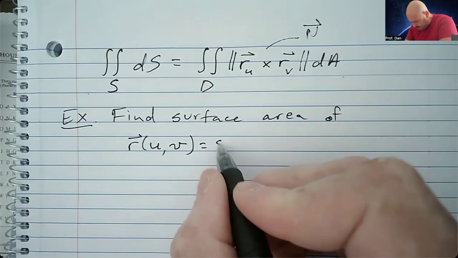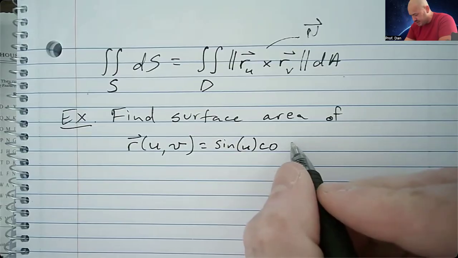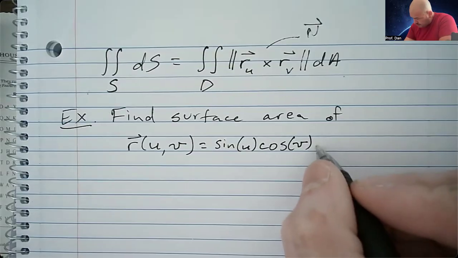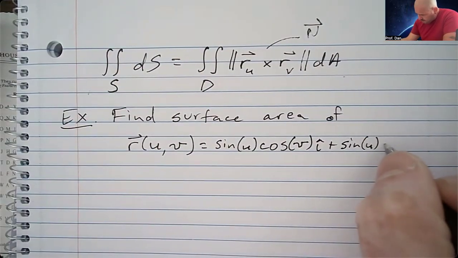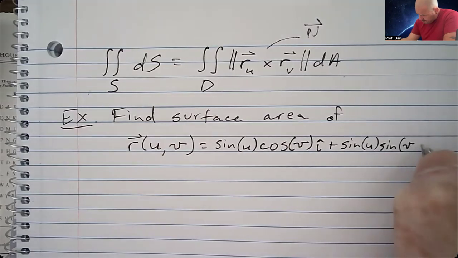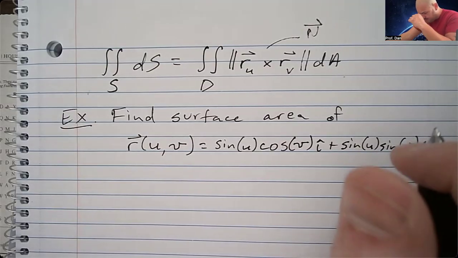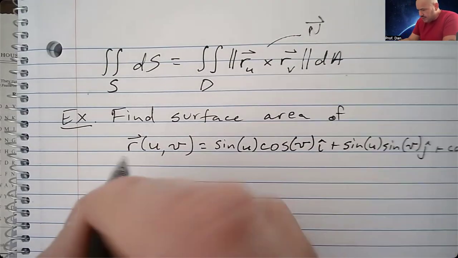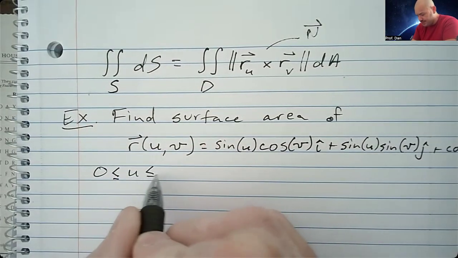We've already actually seen this particular one because that was one of the first ones we looked at. And we're given bounds for the different parameters.